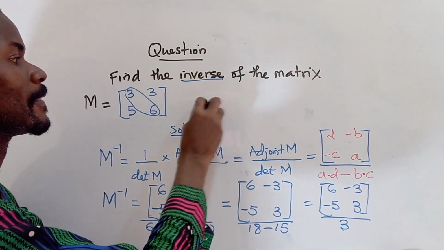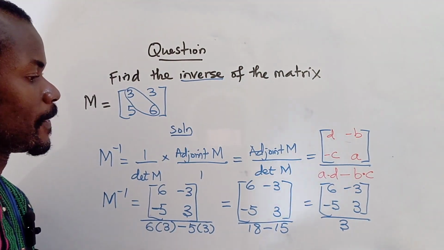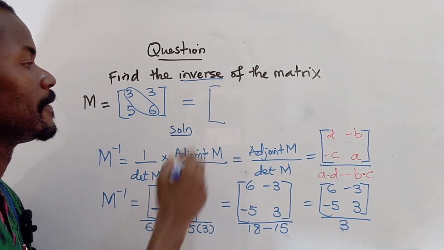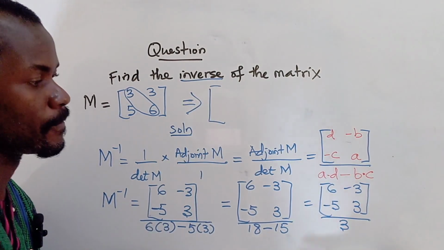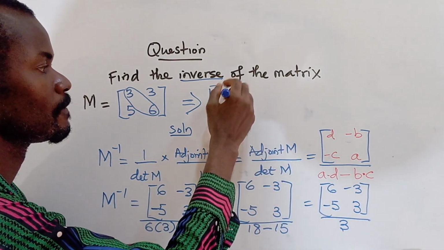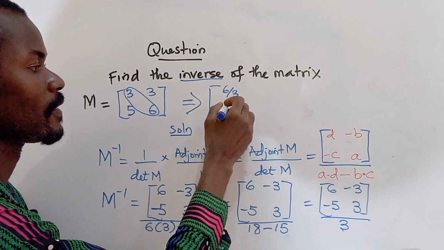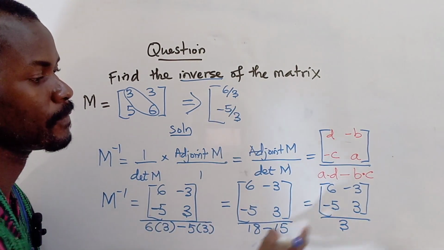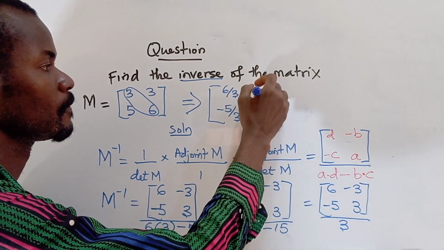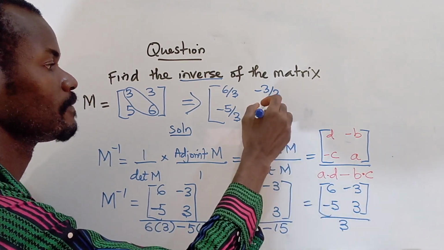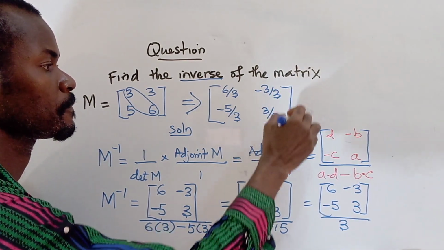Our final answer to this problem is going to be, we're going to divide. So 6 divided by 3, minus 5 divided by 3, minus 3 divided by 3, and 3 divided by 3.